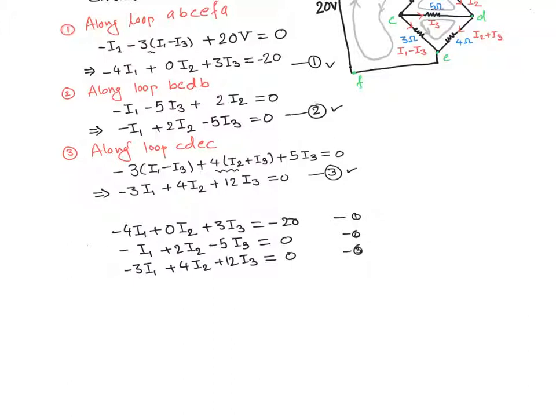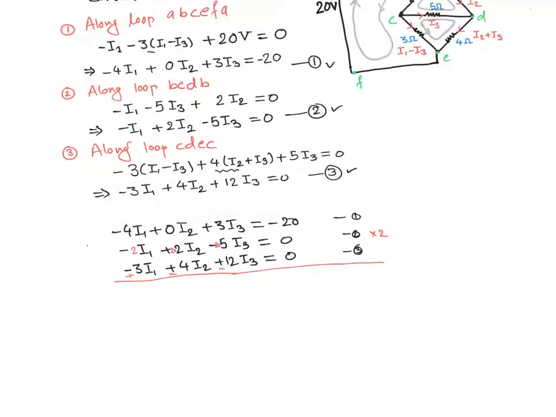To remove I sub 2 from these two equations, let's multiply equation 2 by 2 and subtract equation 3. This will change the signs. So we multiply equation 2 by 2. This will be 2, this will be 2 times 2, this will be 2 times 5.